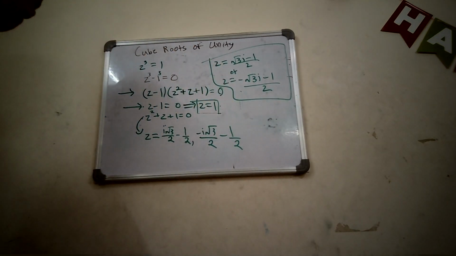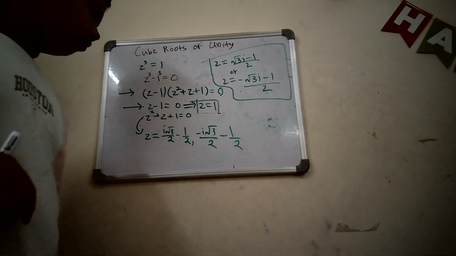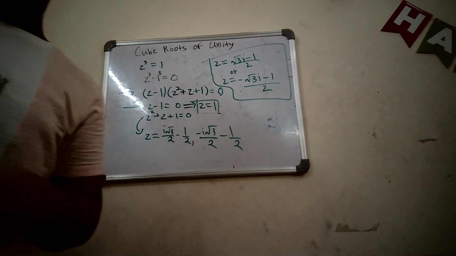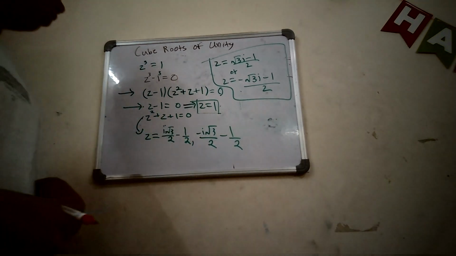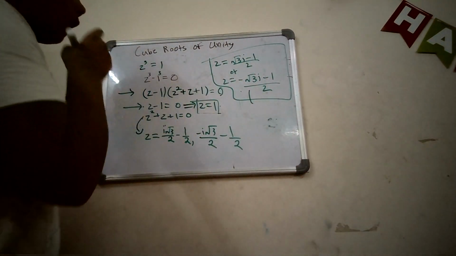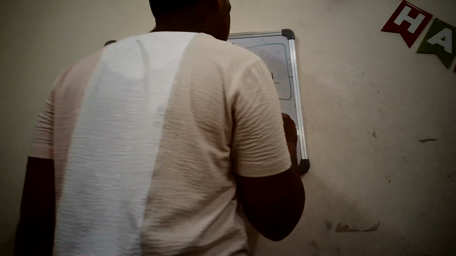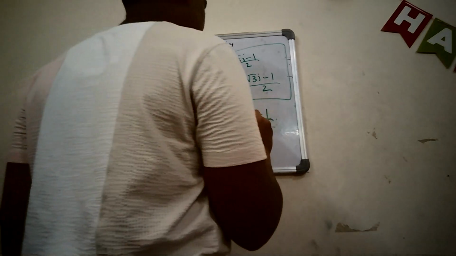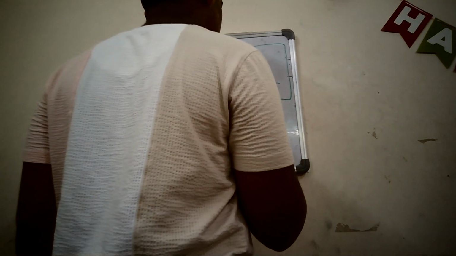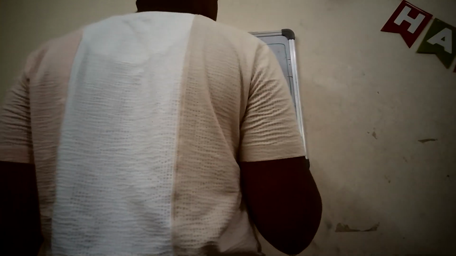Okay? Now, there's something you should notice. We want to make a conjugate. So we can write this as negative i times root 3 minus 1 upon 2. We can factor the negative. So negative i times root 3 plus 1 upon 2.